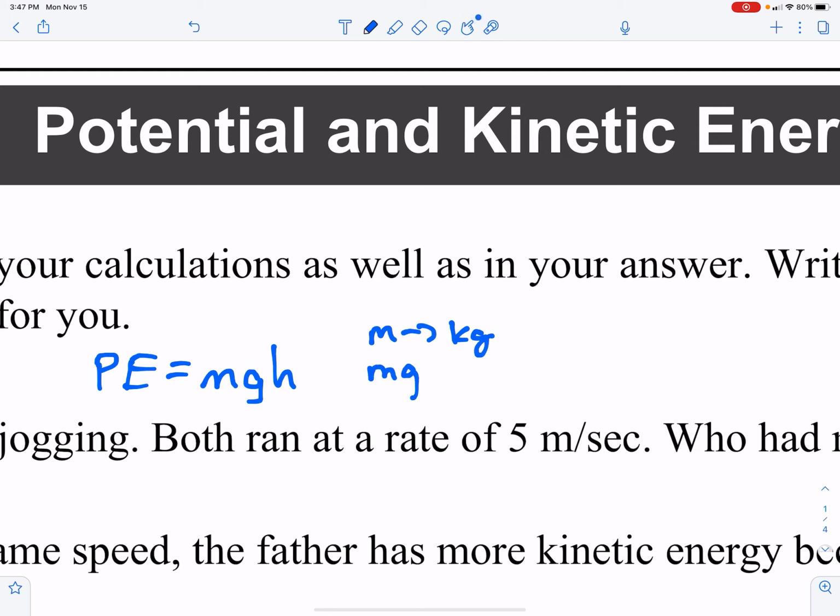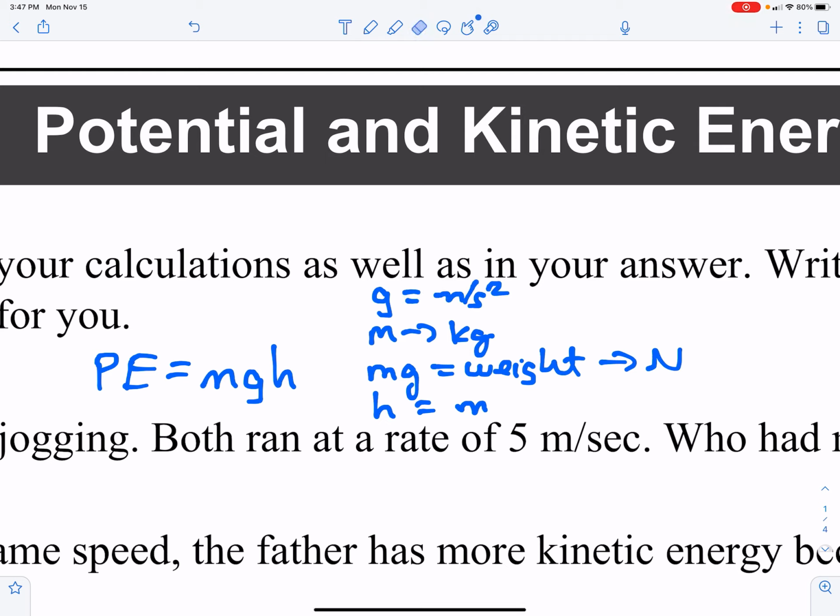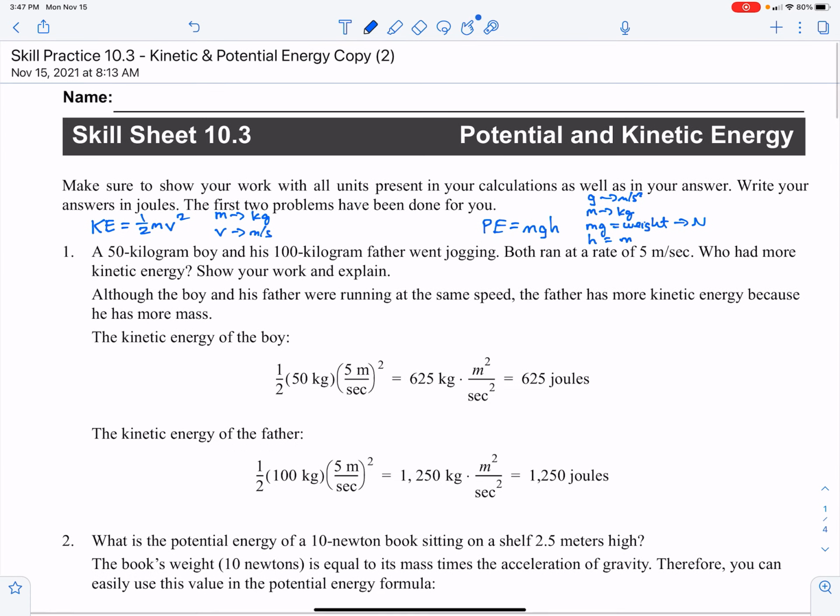If we are given mg, which is the weight, you are given newtons. And height's always in meters. The unit for G is acceleration, meters per second squared. Okay, so keep these in mind as we work through some of our scenarios.